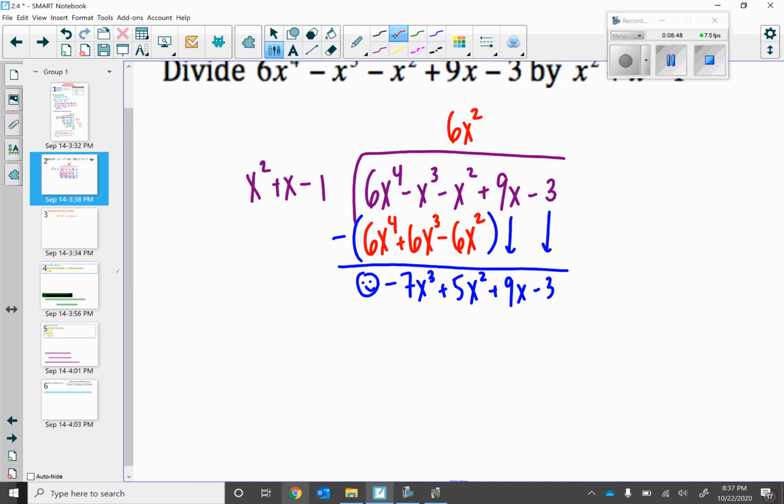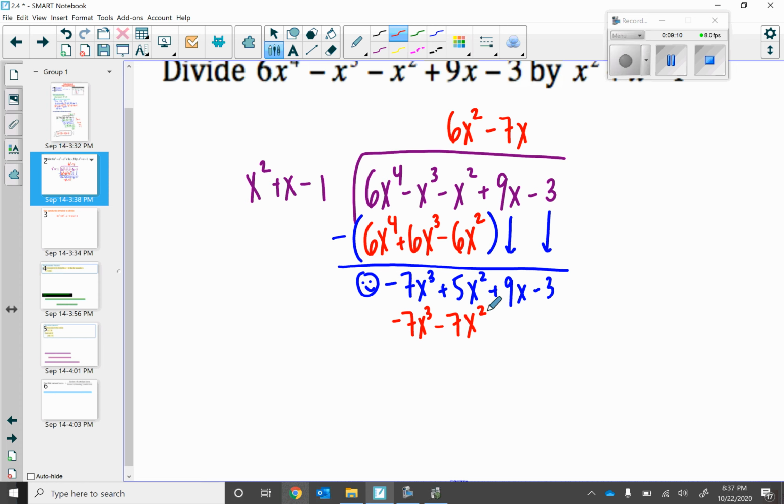Ask yourself, what do I multiply x squared by to get negative 7x cubed? That would be a negative 7x. So we multiply. Negative 7x times x squared is a negative 7x cubed. Negative 7x times x is a negative 7x squared.